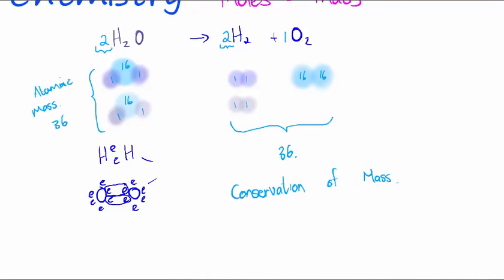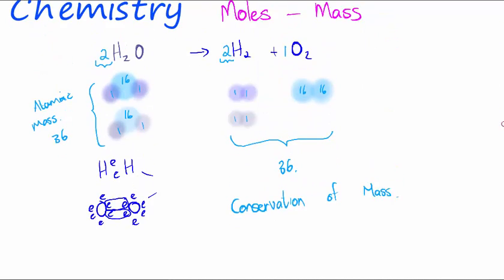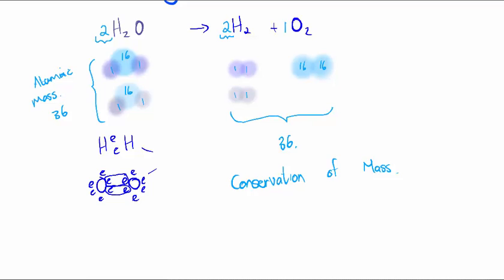Okay, now since we're getting to that concept, let's quickly look at where the mass actually comes from, because we are saying 36 grams, and what that means is that 2 molecules of water is 36 grams. You can't even see 2 molecules of water.